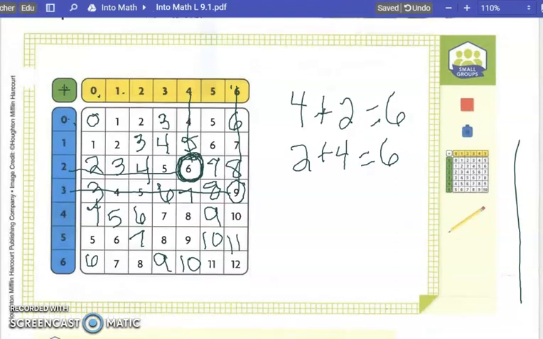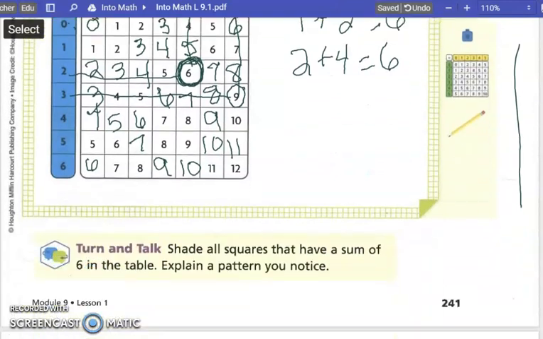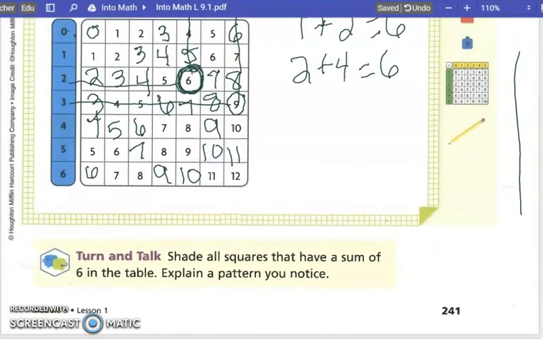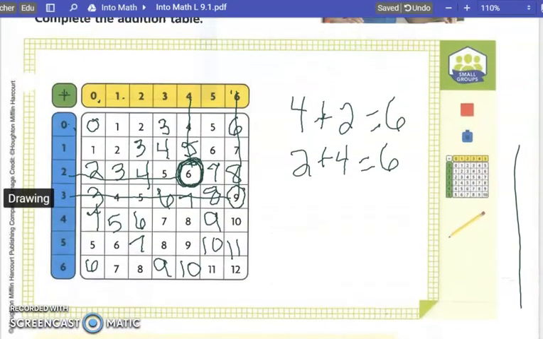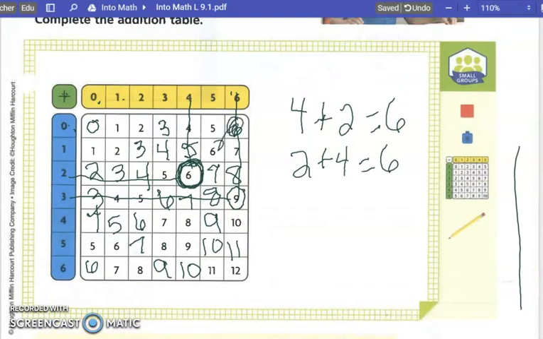And then if you go to the turn and talk, it asks you to shade all the squares that have the sum of 6. So you all discovered what? That it is a slanted or diagonal line. What if I shaded all the 8s? It would be that same thing, right? As we go down our table.